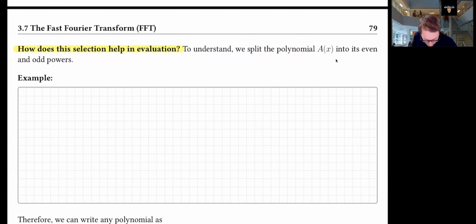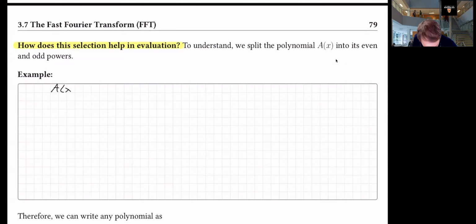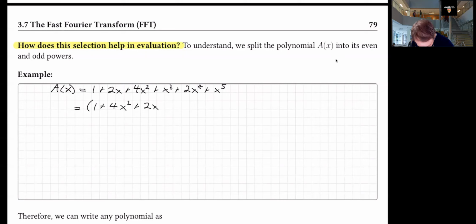So for example, if I have a of x is some polynomial, let's say it's 1 plus 2x plus 4x squared plus x cubed plus 2x to the 4 plus x to the 5. I split it into its even and its odd powers. Its even powers are 1 multiplies x to the power of 0, that's even, plus 4x squared plus 2x to the power of 4.